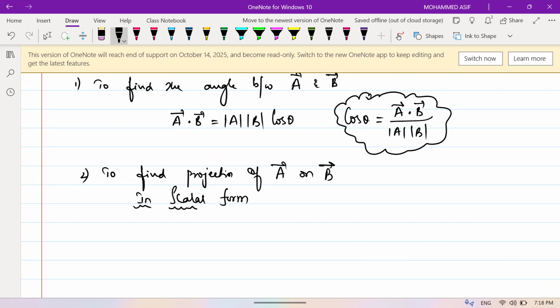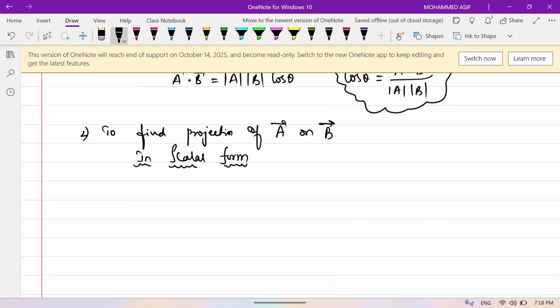Projection of A bar on B bar means in scalar form, for example, this is the vector A bar and this is the vector B bar, and the angle between them is theta. We are talking about the projection of your A bar on B bar. So what is the projection of A bar? If I resolve it, this will be A cos theta. Am I clear?